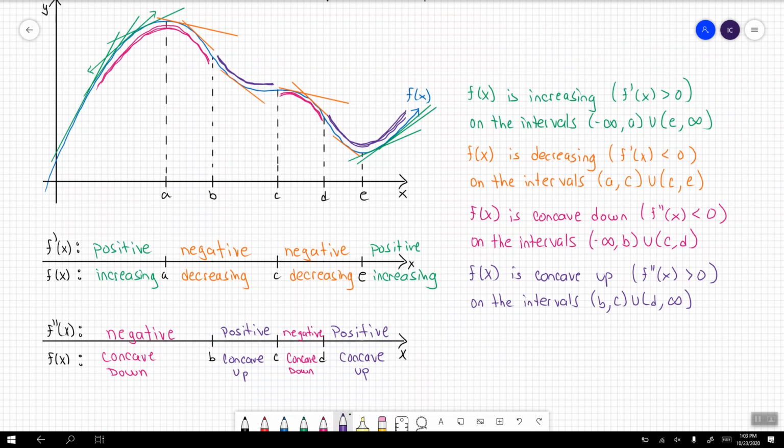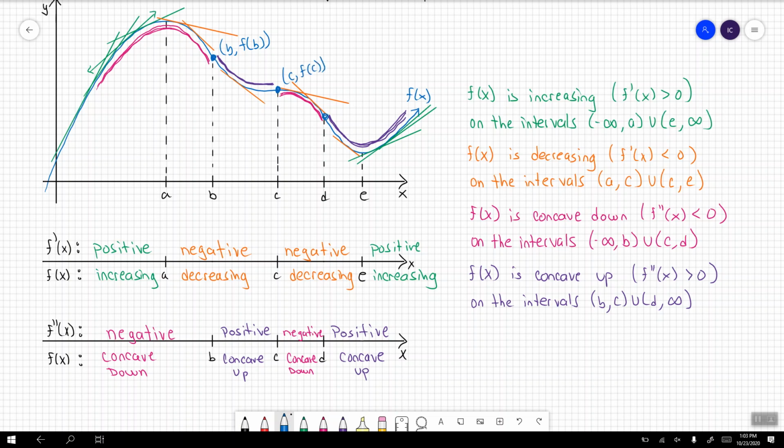So the first point at which my function changes concavity is at this point that I'm outlining on the screen here. That point is b comma f of b. Another point where this function changes concavity is at c comma f of c.